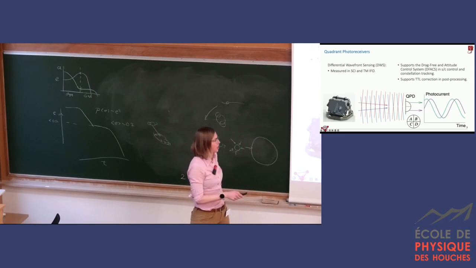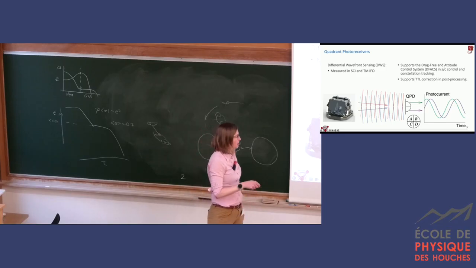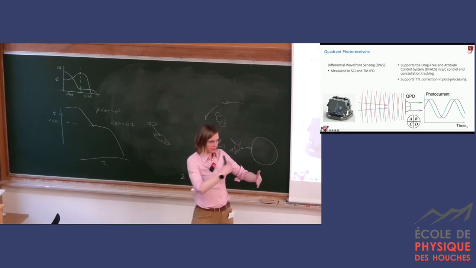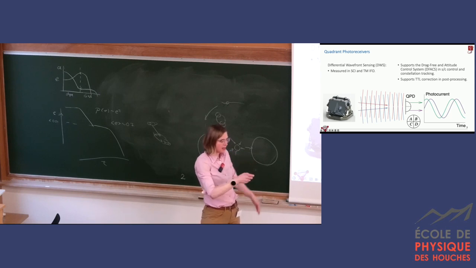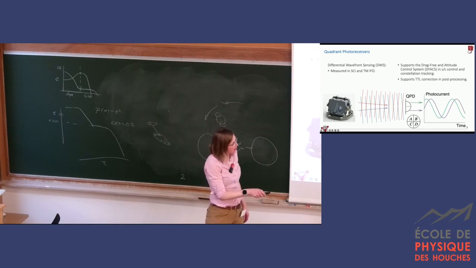on those quadrants. So let me retract back. We have two wavefronts falling on this photoreceiver. One is the RX, the other is TX. And if one is tilted with respect to the other one, we're going to see advanced phase on this side and retarded phase on that one. And this is the signal we're going to measure.